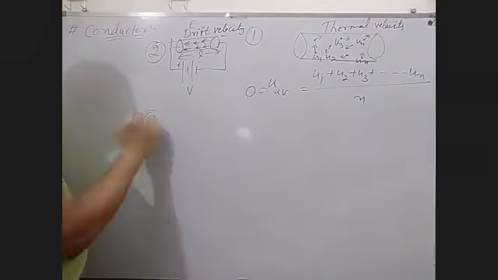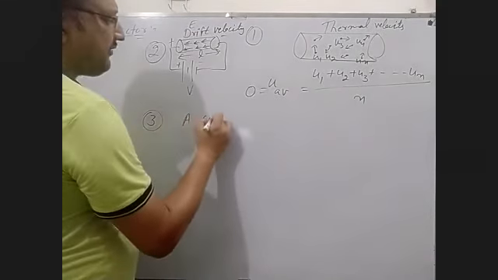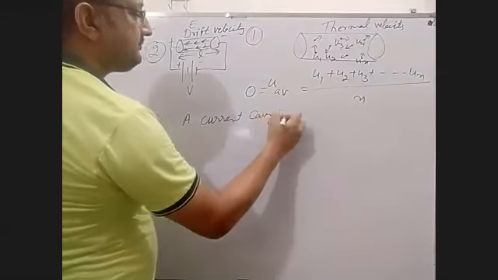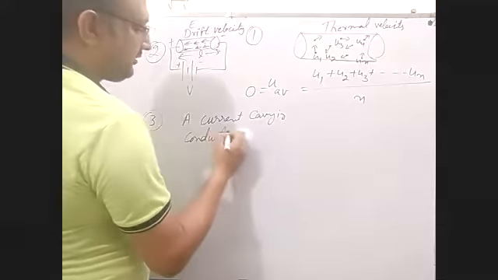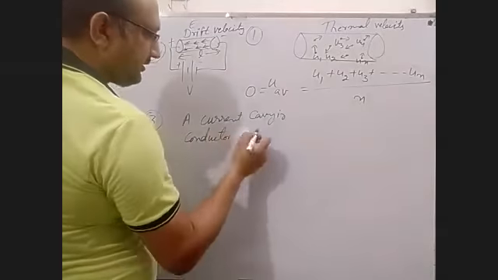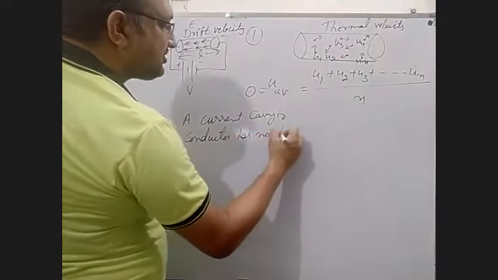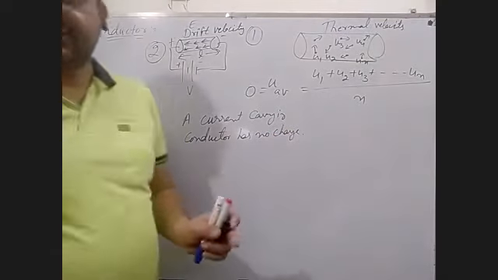Third thing is what? A current carrying conductor has no charge, means it is not charged.